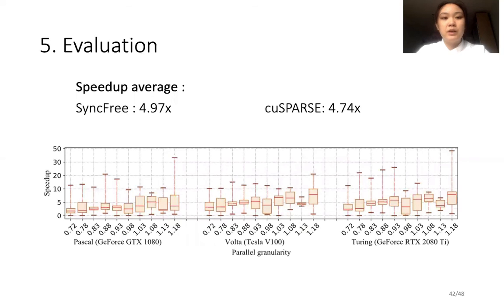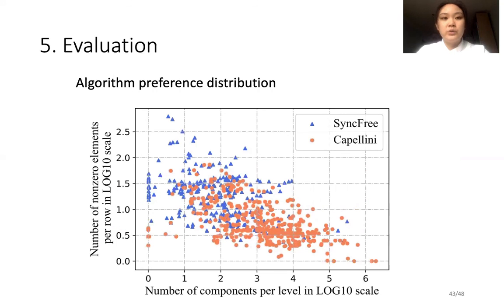Specifically, at a parallel granularity of 1.17, for the matrix LP1, Capellini reaches an average 34.77 times performance speedup. In addition, we show the optimal algorithm selection between Capellini and SynchroFree under two factors: the number of non-zero elements per row and the number of components per level. We can see that CapelliniSpTRSV is the best choice when the number of components per level is high and the elements per row is low.